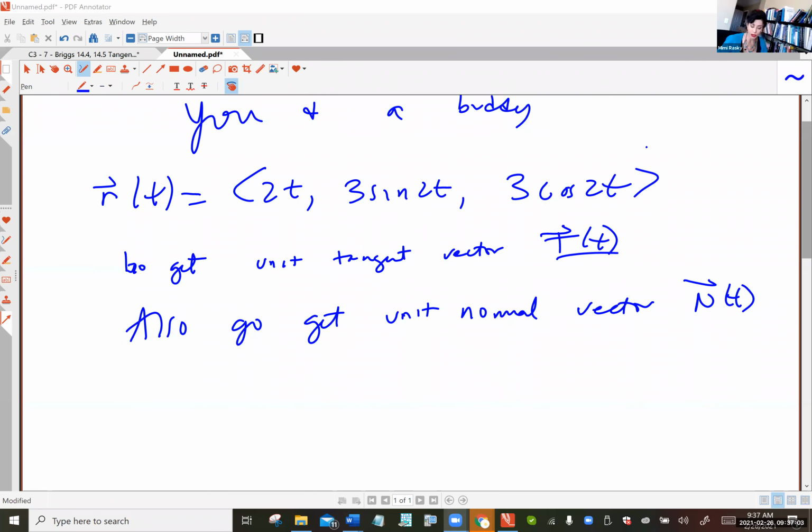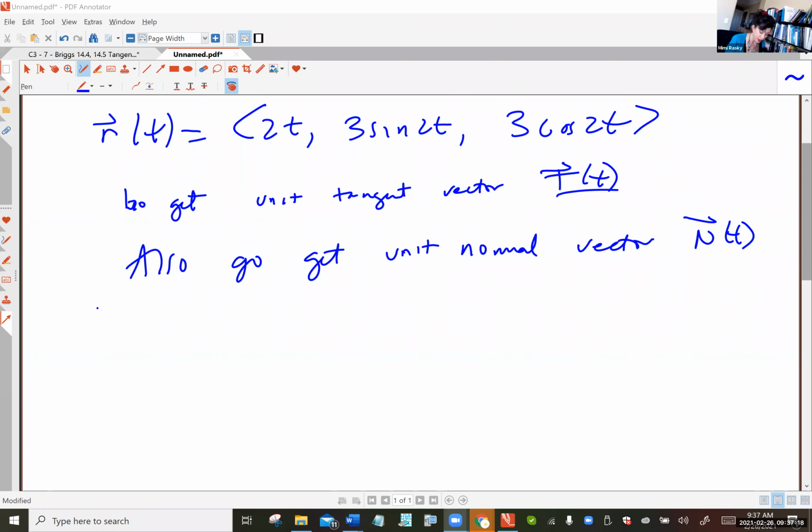So I'm hoping that you got a little bit of access to what finding big T and big N involve. A big mistake that some students make when finding big N, usually people get big T pretty well, is they wrongly think that they just have to unitize the acceleration vector to get big N. So you have to be very careful.